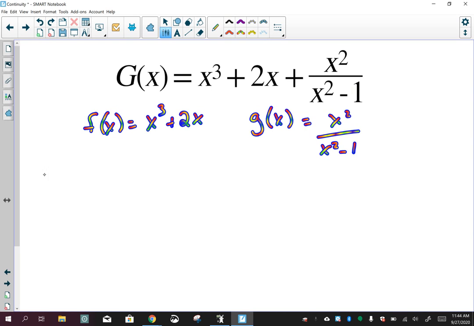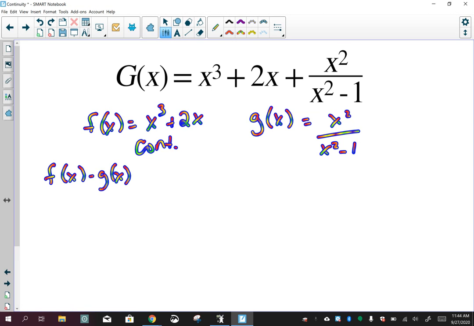And so what I'm looking at is f of x minus g of x. So I notice on my first one here, I am continuous everywhere because I don't have any specific restrictions or anything else on this. So I am continuous here.